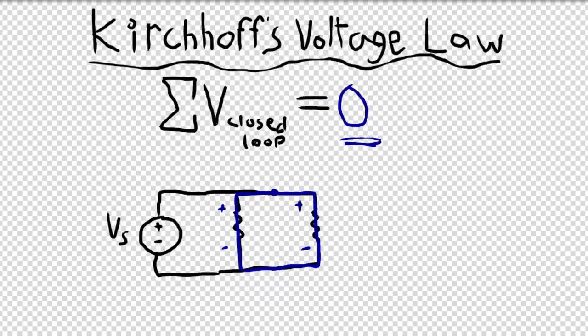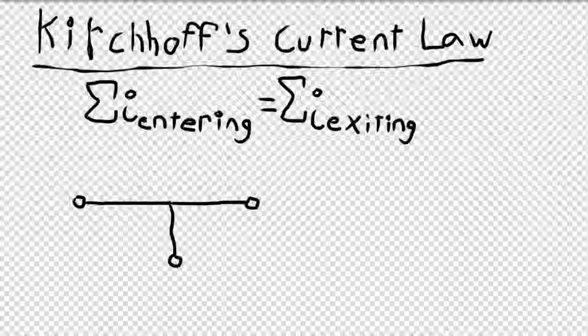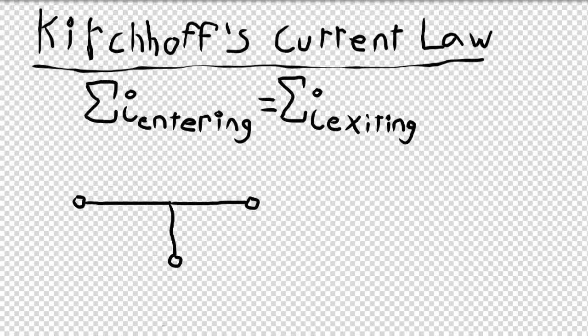Now let's just slide our way down over here to Kirchhoff's current law. Now Kirchhoff's current law is really, really simple, really, really useful, and really, really good. The most intuitive way of describing Kirchhoff's current law is that the sum of all currents entering a node, this is a node.